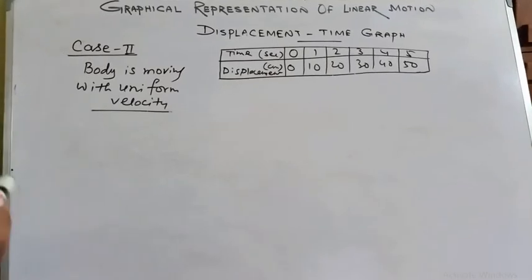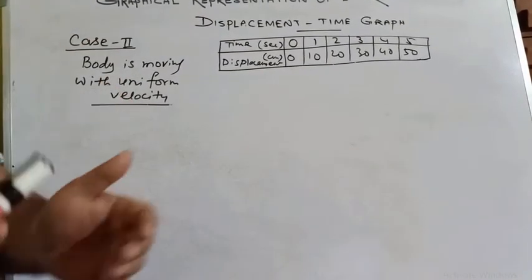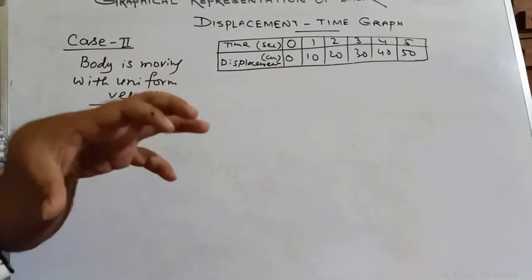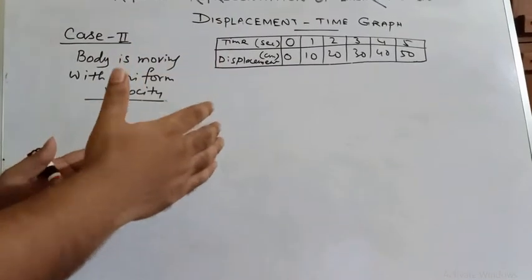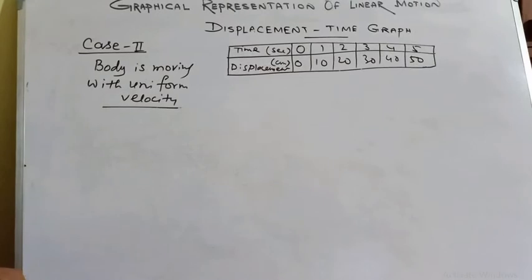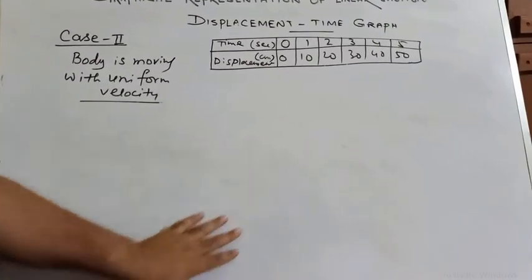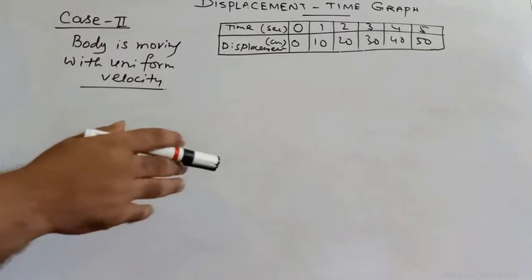See, if a body is moving with uniform velocity, its displacement increases by the same amount in each second, and so the displacement-time graph will be a straight line inclined to the time axis. Okay, I will show you here, and from there you can obtain velocity by finding the slope of the straight line.